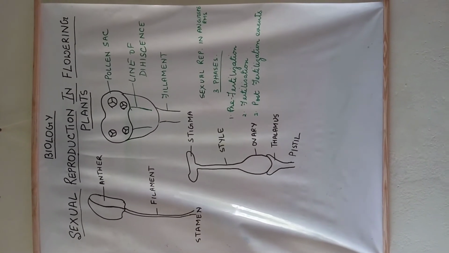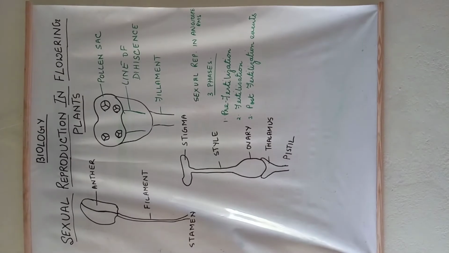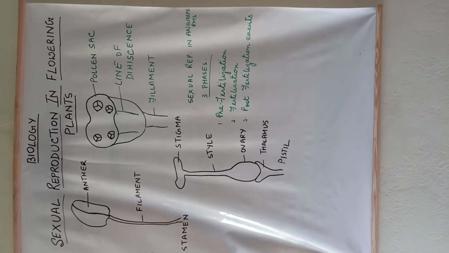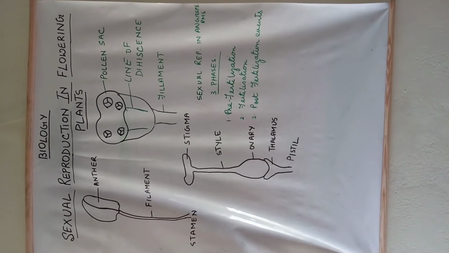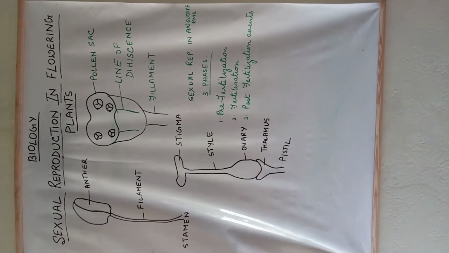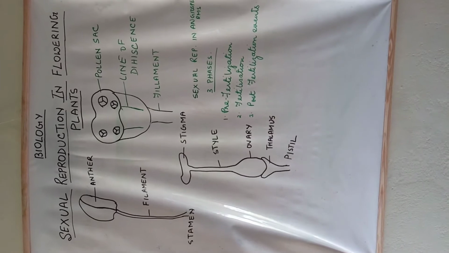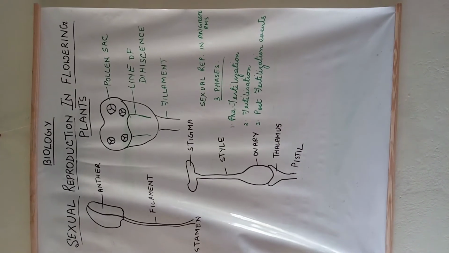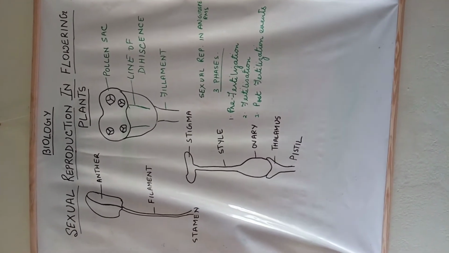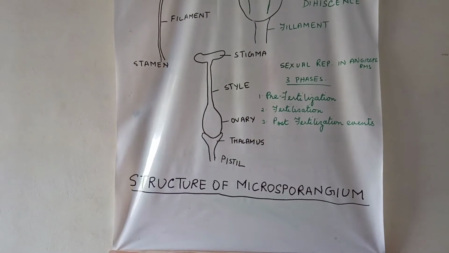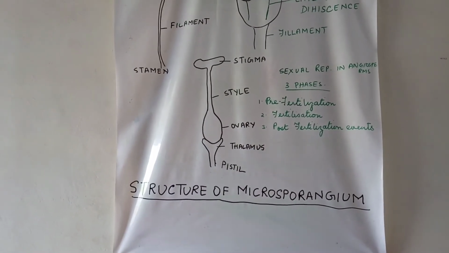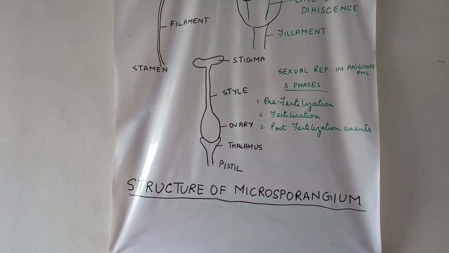The outer cell undergoes division to form the wall of the microsporangium, while the inner cell, by further division, forms a mass of sporogenous cells which later produce microspores.